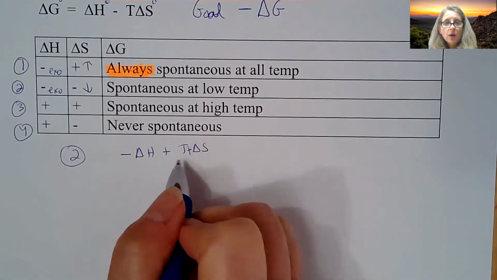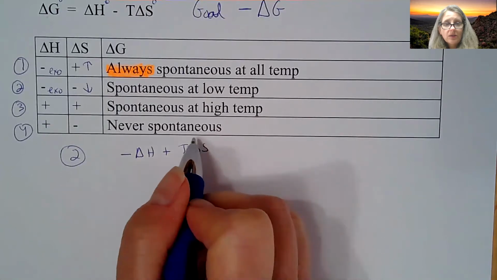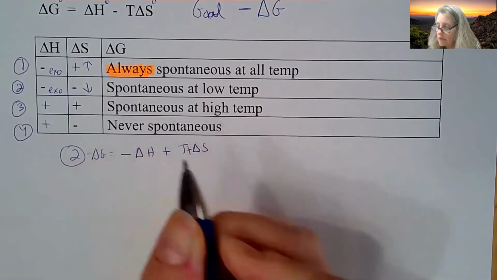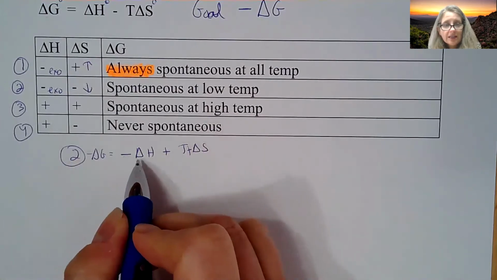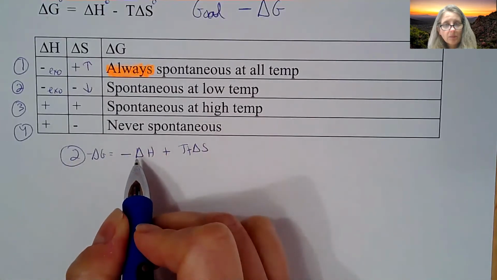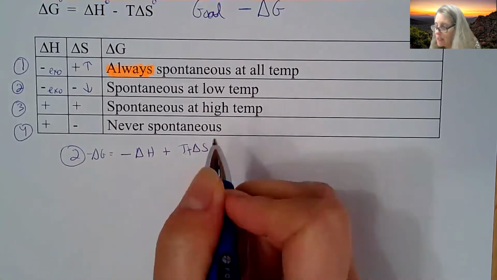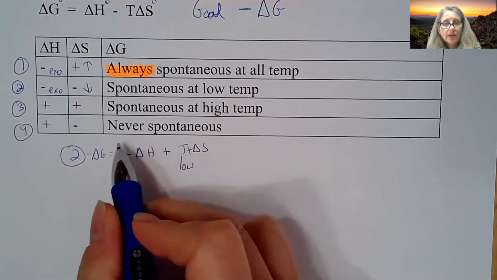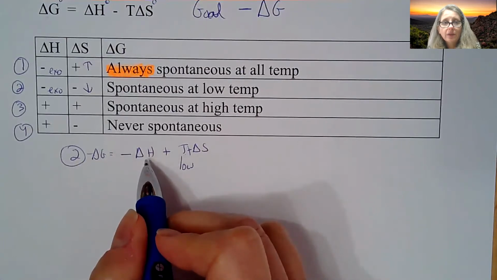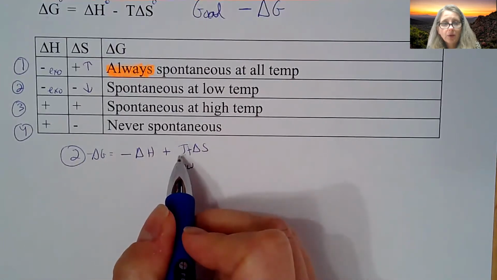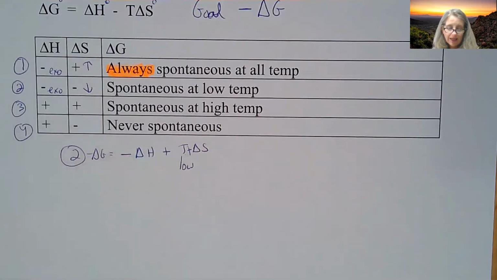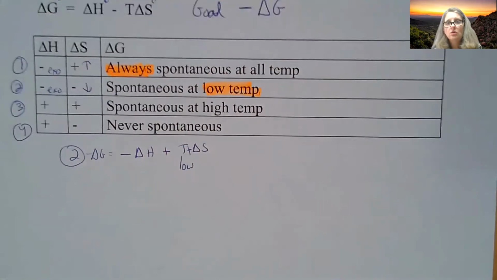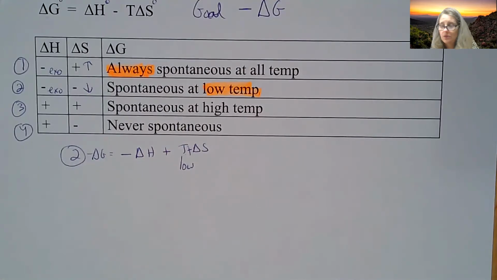So the only way this is going to stay negative, because again, the goal is to get delta G to be negative, is this exothermic portion needs to be pretty big, and this has to be a low temperature when I multiply it, to keep it below this threshold of negative. Because this is going to be a positive part of the equation. So spontaneous at what we call low temperatures, and you need to include that when you are describing whether or not it's spontaneous or not.